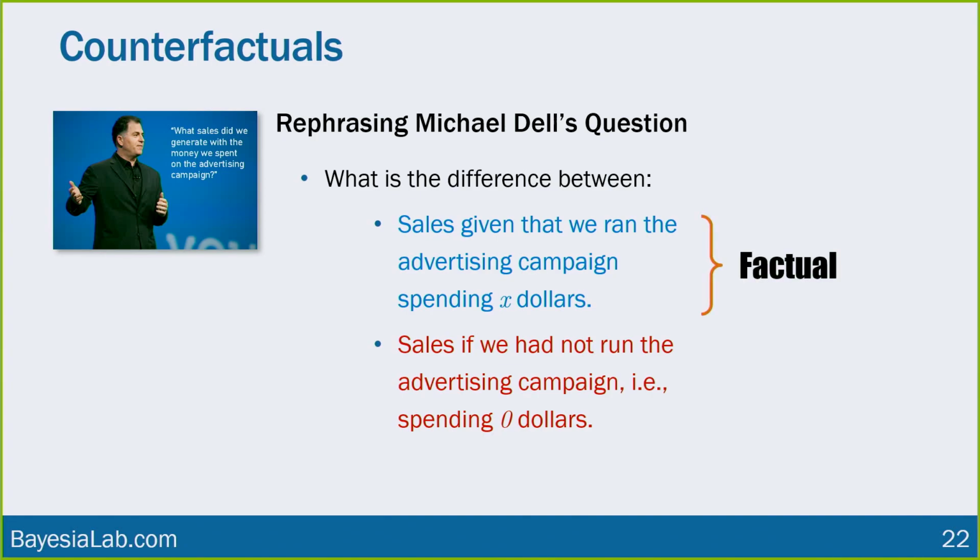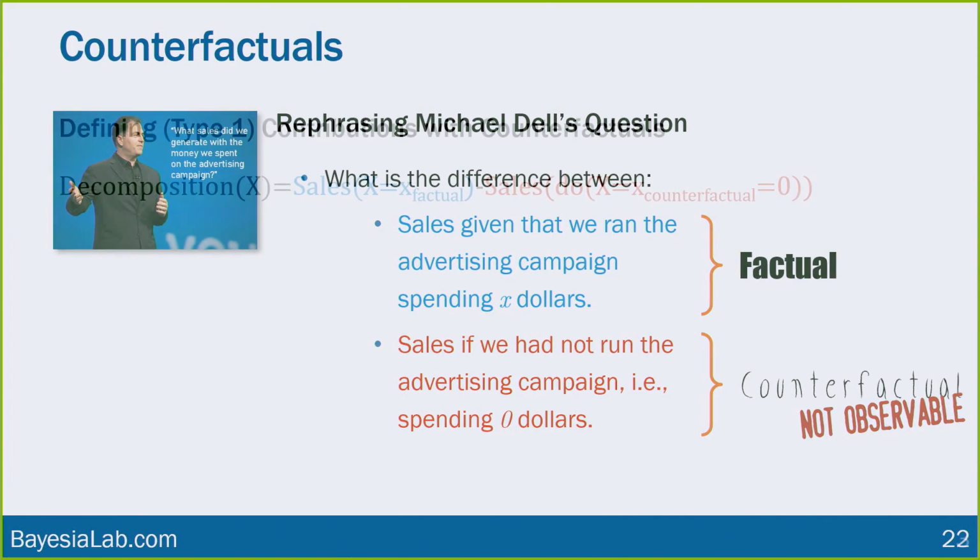The former is factual, the latter is counterfactual. He is trying to get the answer to what is the difference between the two. And of course, the challenge is that the latter, the counterfactual, is not observable. It didn't happen. We can't measure what in fact did not happen.